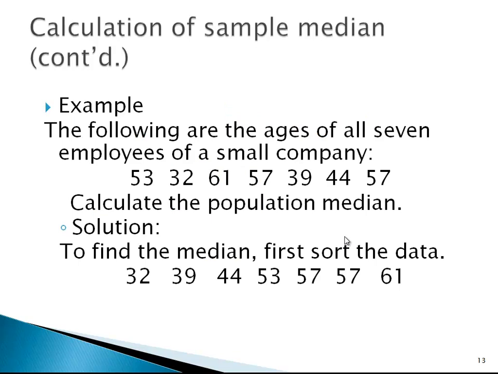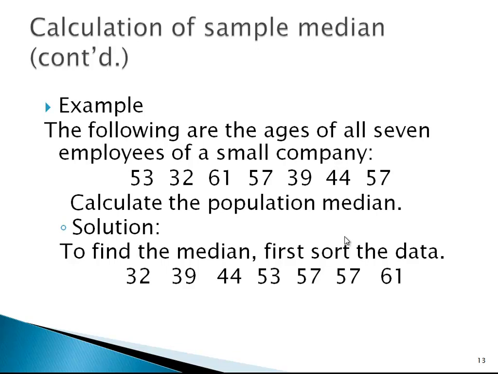For example, the following are ages of all 7 employees of a small company. Since I have 7, that's an odd number. Calculate the population median. To find the median, first we sort the data: 32, 39, 44, 53, 57, 57, and 61.